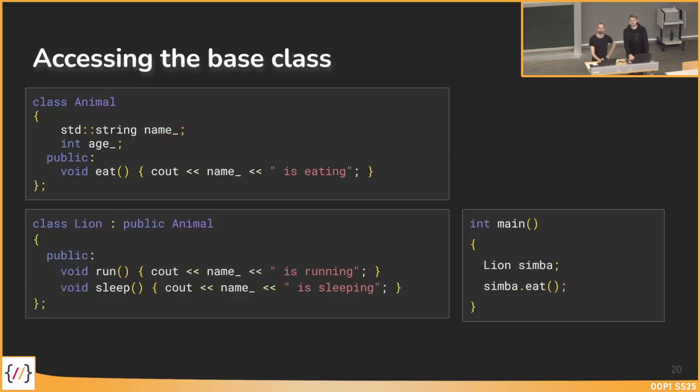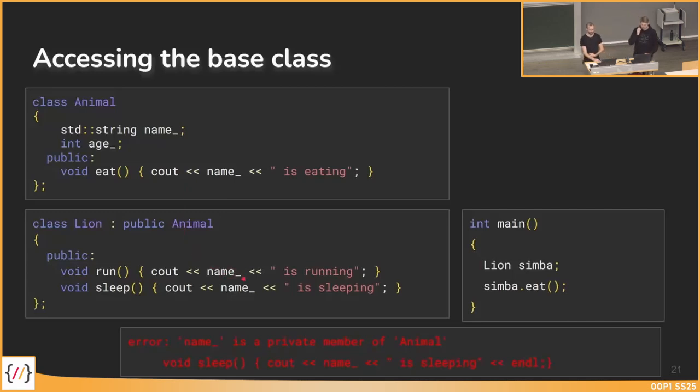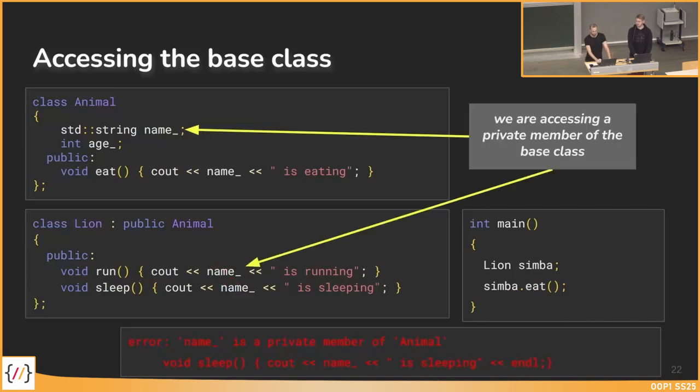Yes? It won't work. Good choice. It won't work because it's private, and we cannot access private members from the base class in the derived class. So this does not work.